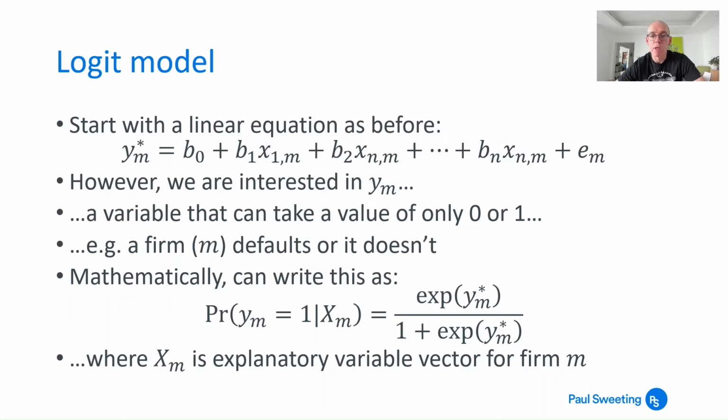When e to the y star m gets very large, it tends to e to the y star m over e to the y star m, which is 1. So you've got a function which is always going to be between 0 and 1. And this essentially represents the probability of default that you're seeing with the parameters that you've found to apply to the variables that you've got. And as I mentioned, xm is the explanatory variable vector for firm m.